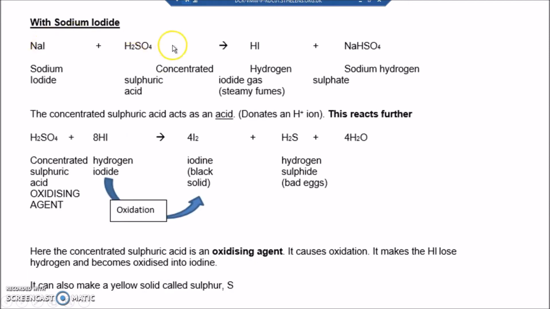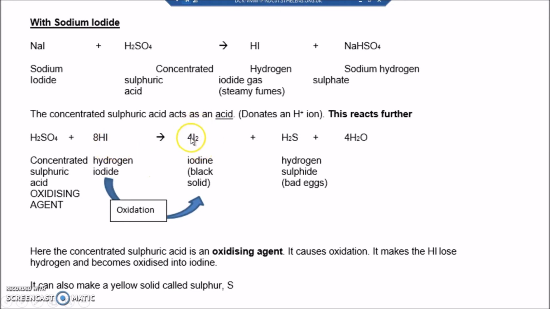Sodium iodide, similar reaction again, the concentrated sulfuric acid making hydrogen iodide as steamy fumes, white steamy fumes, sodium hydrogen sulfate. It's acting as an acid, and again, just as in the case of HBr, it can go further. So the concentrated sulfuric acid can act as an oxidizing agent and oxidize the H+ I- in there, -1 oxidation state.